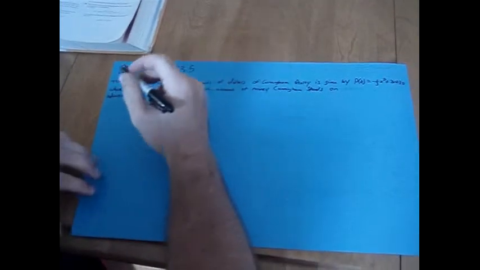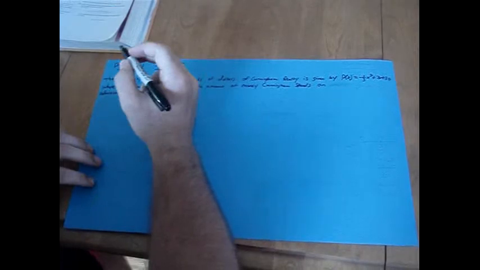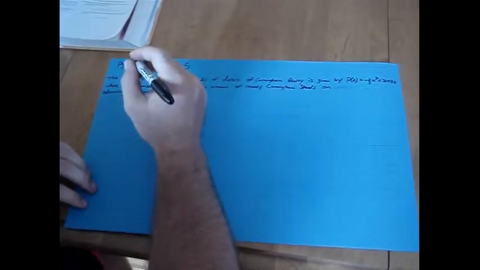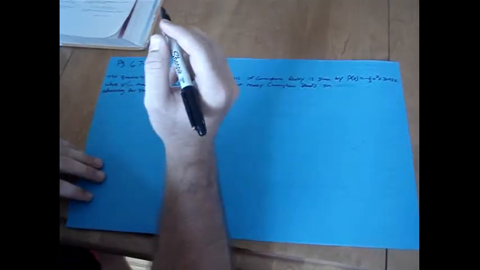The first part of the problem, letter A, says to find the derivative of P of x.